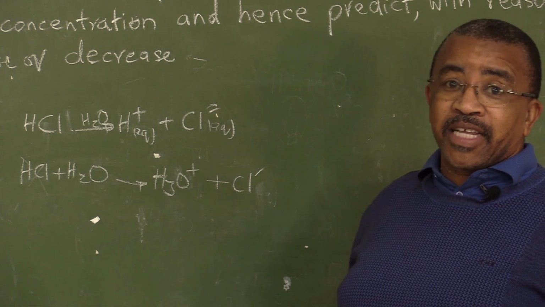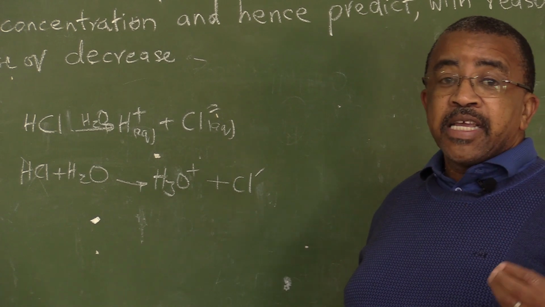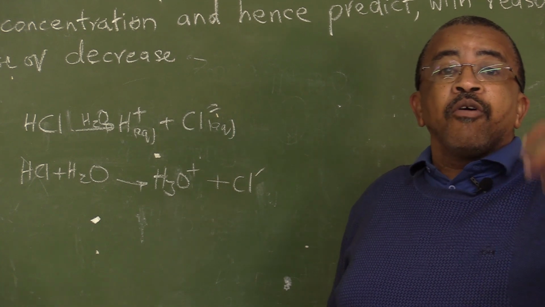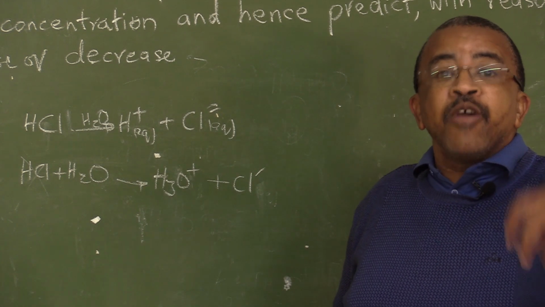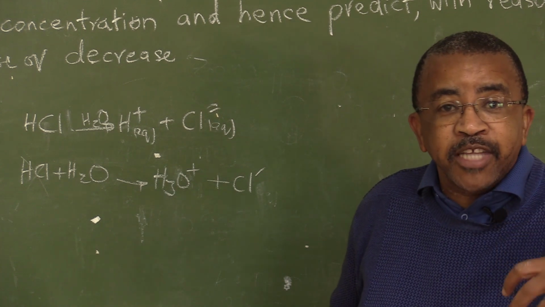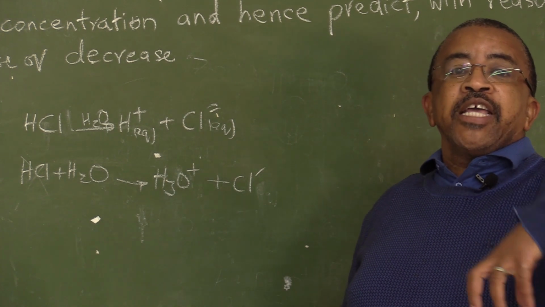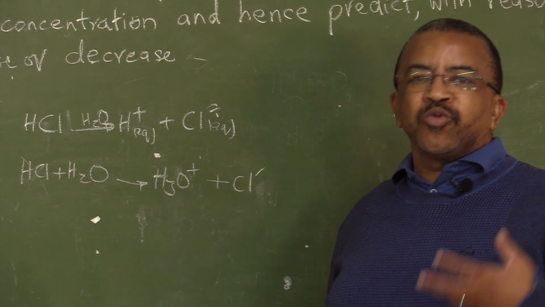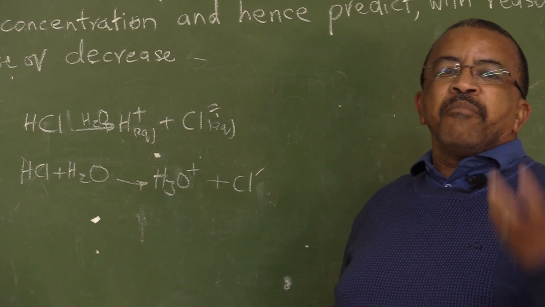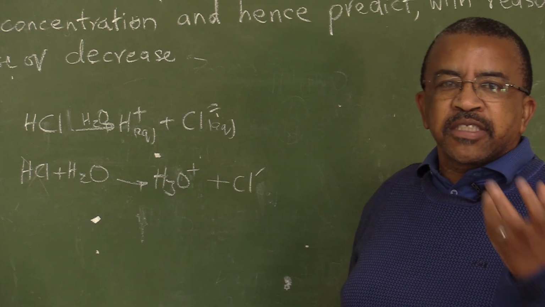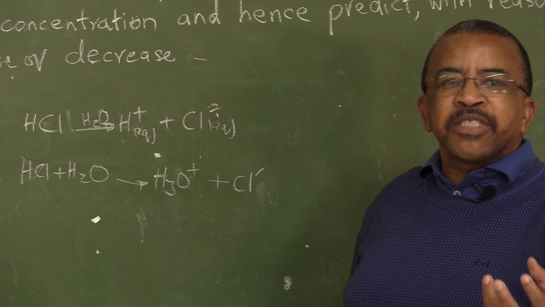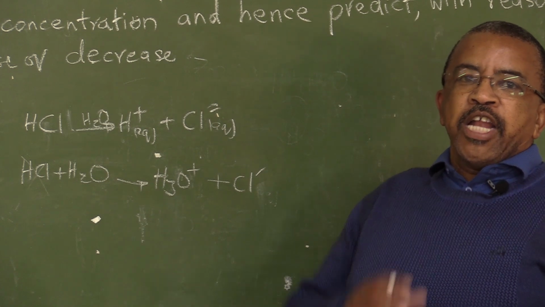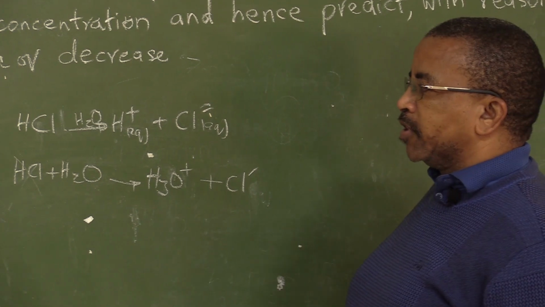But what about a concentrated acid? A concentrated acid is any substance that can form H+, but there is more of it than the solvent. In this case, we use water as the solvent. So if you have a high concentration of acid, it means it's more than its solvent. So that's a concentrated acid.